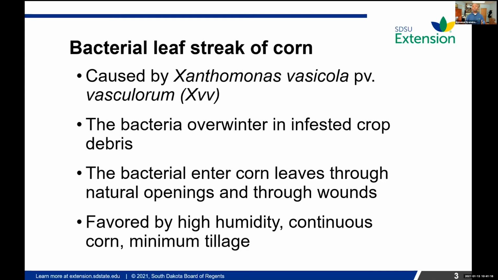Looking at how the disease develops, it seems that it is favored by high humidity and moisture. Those are the conditions where you see this disease develop on corn. And again, where you have continuous corn, irrigated corn, and high residue situations, you can have this bacteria develop in corn and cause bacterial leaf streak.